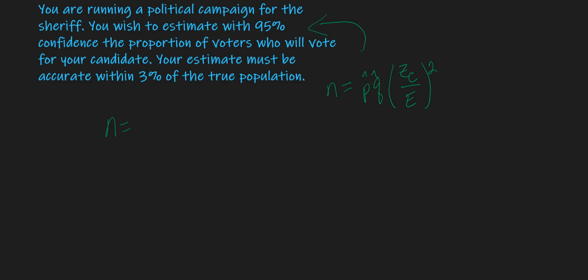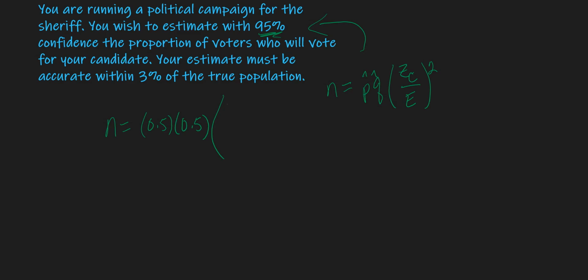So N is going to be equal to 0.5 times 0.5, P hat and our Q hat. We know with this 95% confidence that our Z critical value, and remember, you can get that from the Z table. Most of the time, a Z table will have the critical value somewhere.